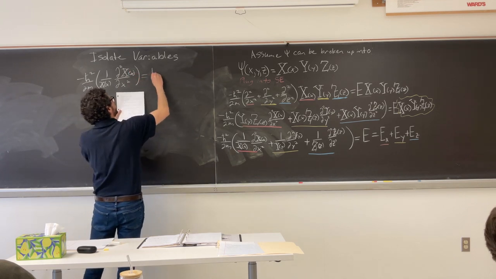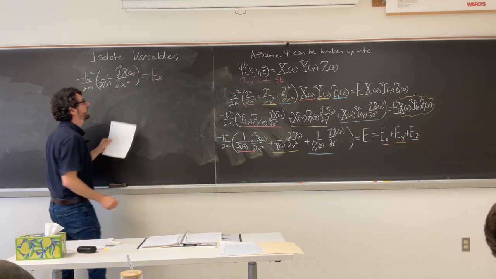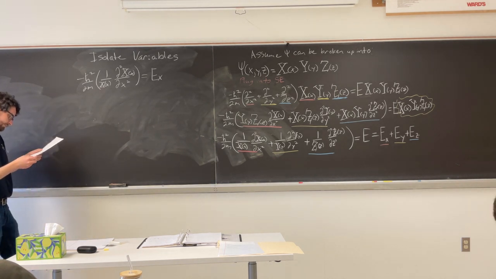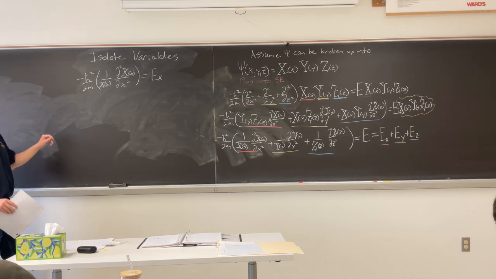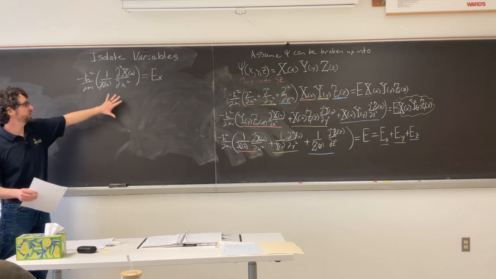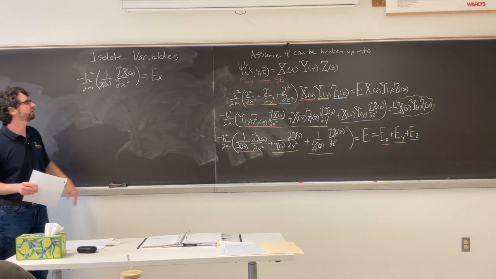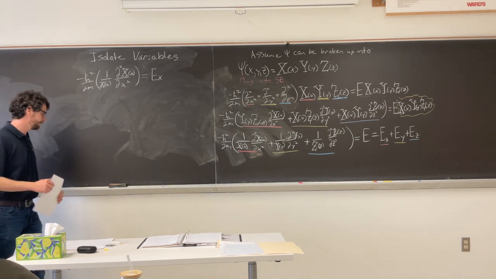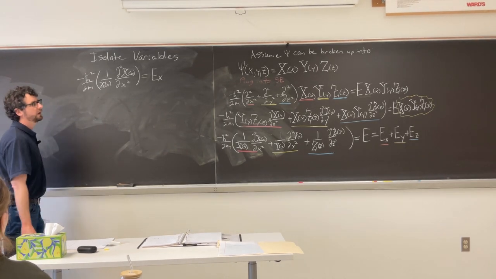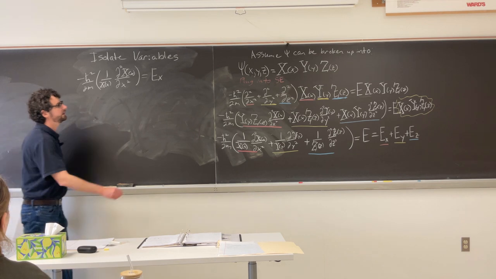Is equal to E sub x. We'll do this for the other ones in a minute, but I feel like we should just stare at the x one first. How does a generic eigenfunction look like again?